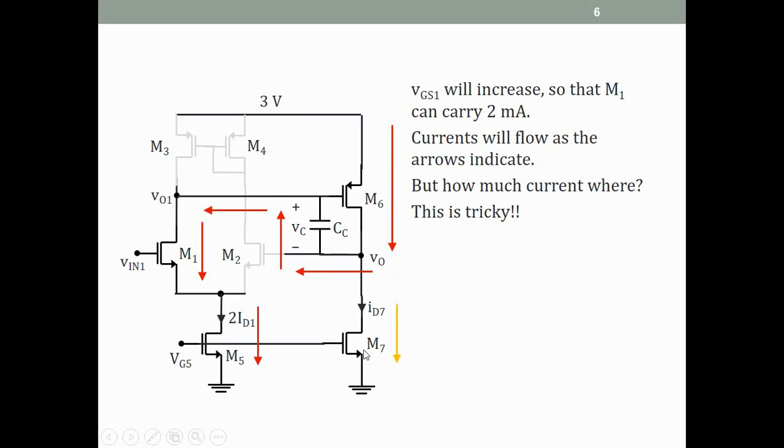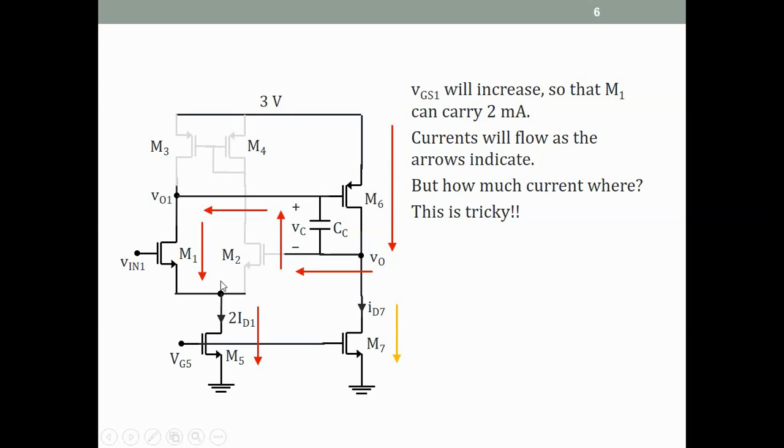But there is a current flowing in M7 also, because M7 is on, nothing has happened to M7. VO is still 1.5 volts. So this is all at t equal to 0 plus. So M7 is carrying its saturation current. M6 is carrying its saturation current. So how much current is flowing where? This is a little tricky, right?